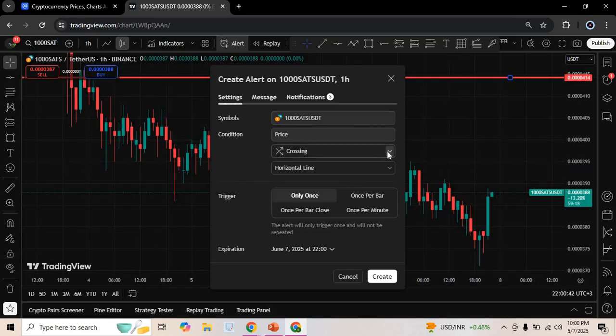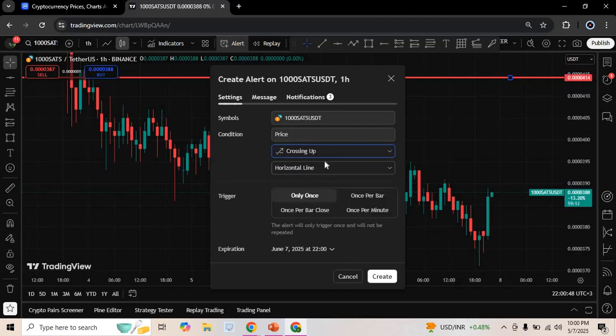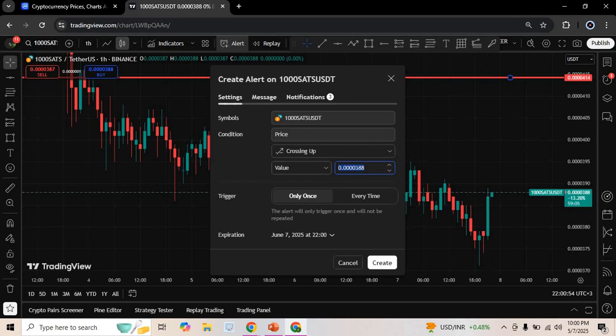In this case, I say closing up because it's closing up. Then I can choose the price that I want to be alerted on. The price that I want to be alerted on is 0. How many zeros? These are 4 zeros. 414.